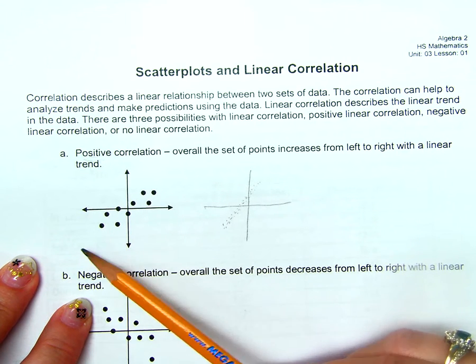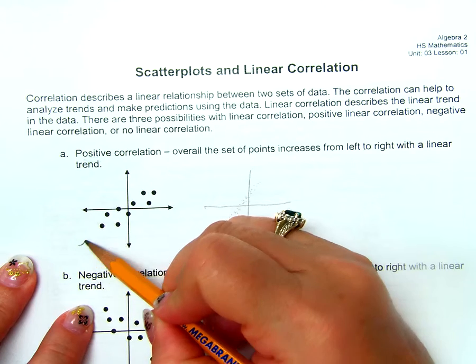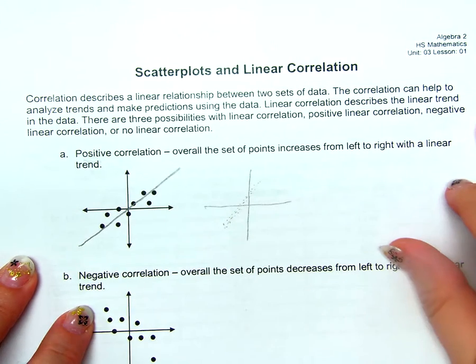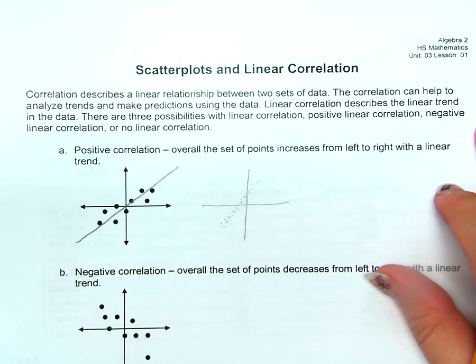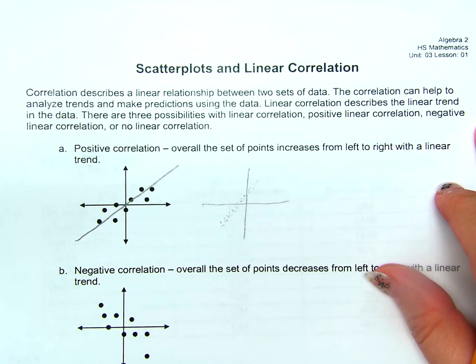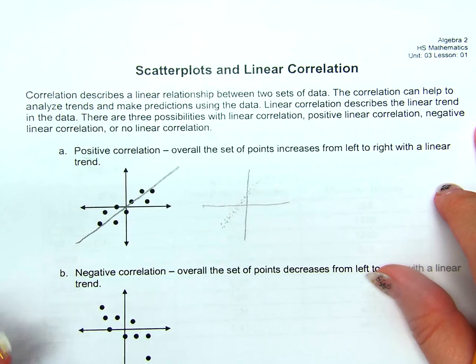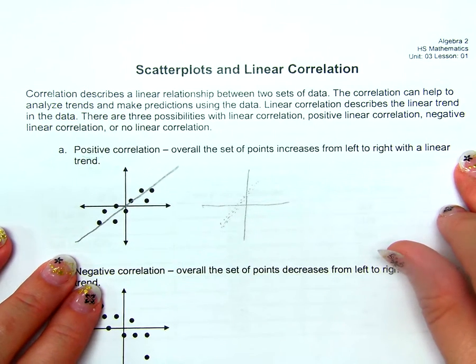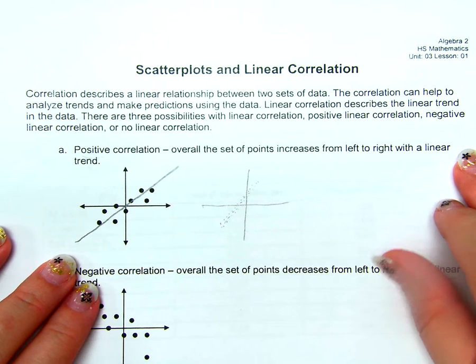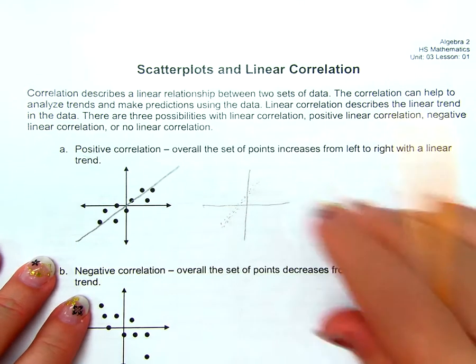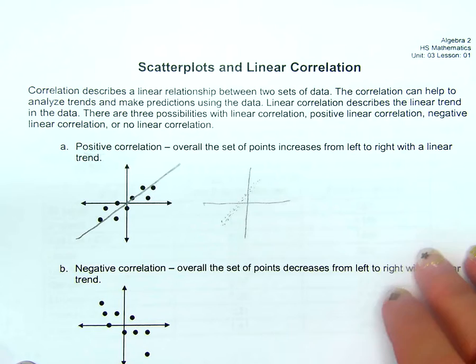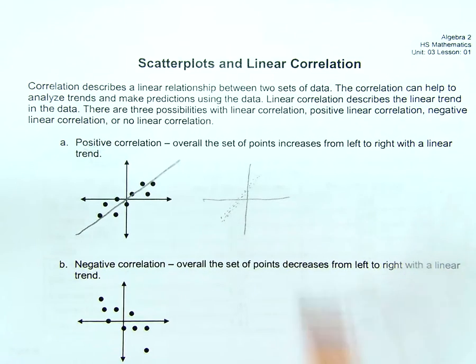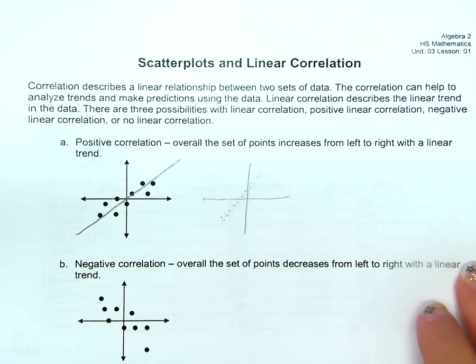I'm saying draw a line through them as getting as close as possible to all the dots. Does your line look exactly like mine? No, because we are human, right? We're humans. We are different human beings. Should our lines be relatively close to each other's? Yes. Okay? So when I draw a trend line through here, it creates a line with a positive slope. That's another way you can think of positive correlation.